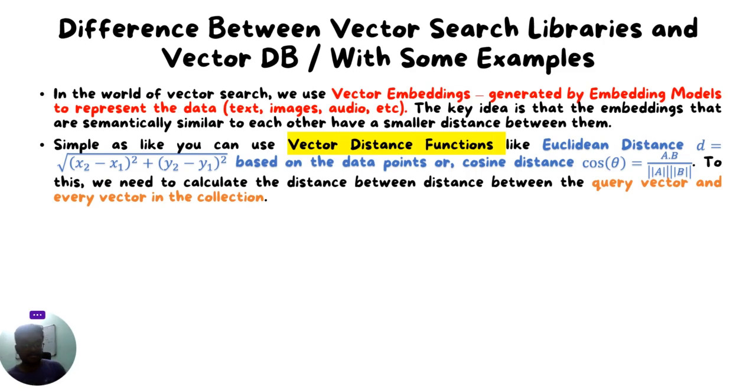Or you can use the cosine distance formula, where cos theta is equal to the dot product of a and b, divided by the norm of a times the norm of b, where the norm of a determines the magnitude, or length, of the vector.